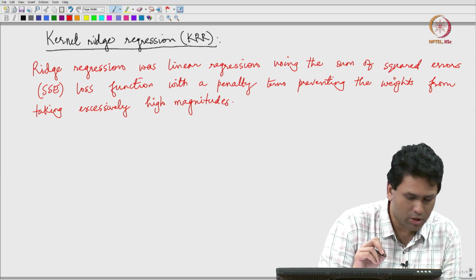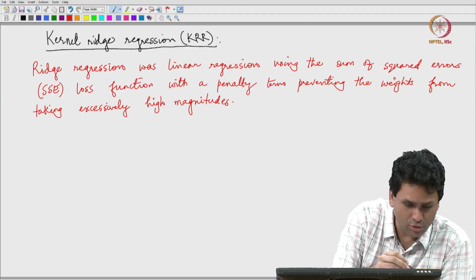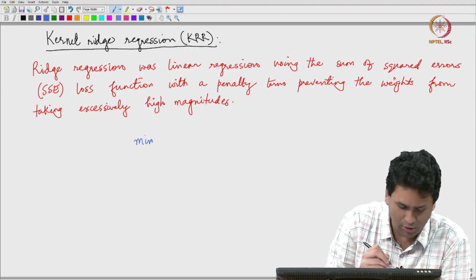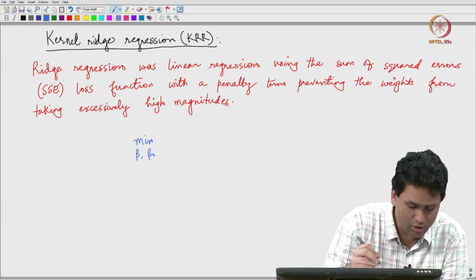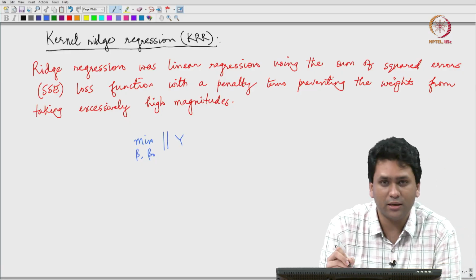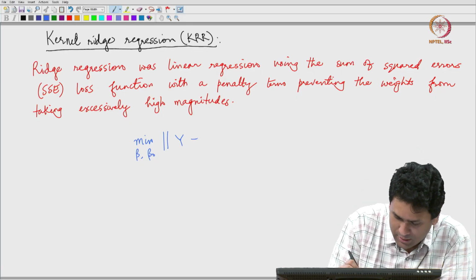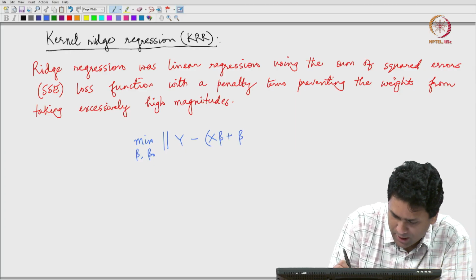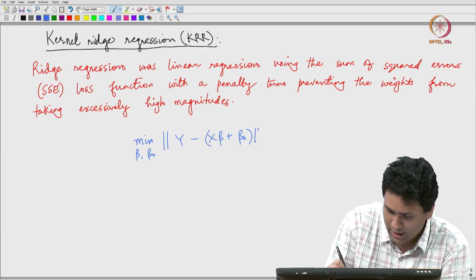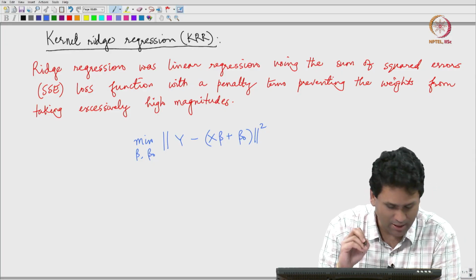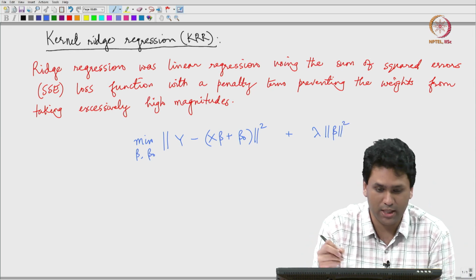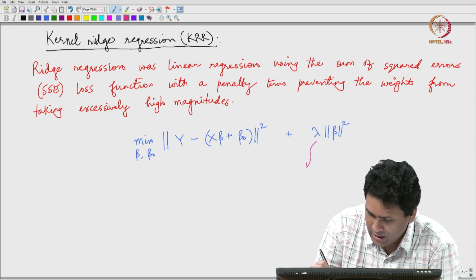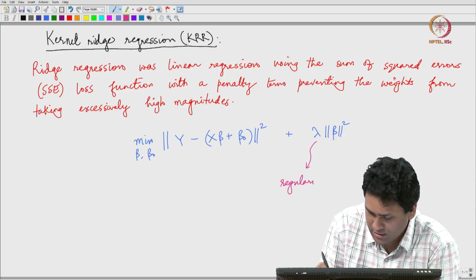Okay. So this is what was there in ridge regression. Essentially we are trying to minimize the loss function subject to your weights and the bias beta naught, and we were minimizing the error between the true values y and the predicted values, which is X beta plus beta naught. So X is the data matrix and then you do norm squared, so that represents the sum of squared errors, plus there was a regularization term which involved the sum of squares of the weights. So this lambda is the regularization parameter.